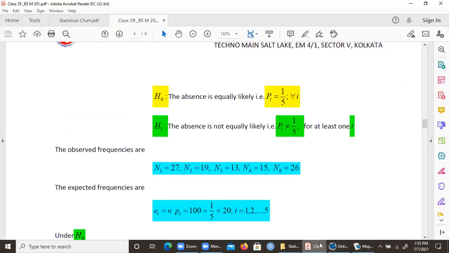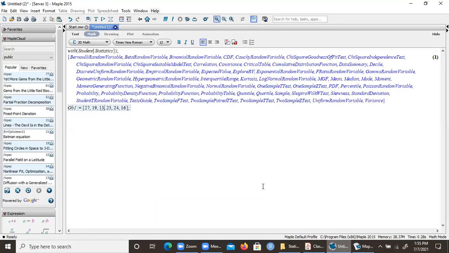And the last two values are 15 and 26. I have to finish my command by putting a semicolon over there. If I enter, the values have been read properly by the software.